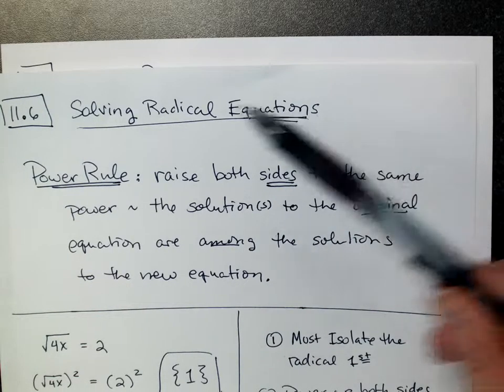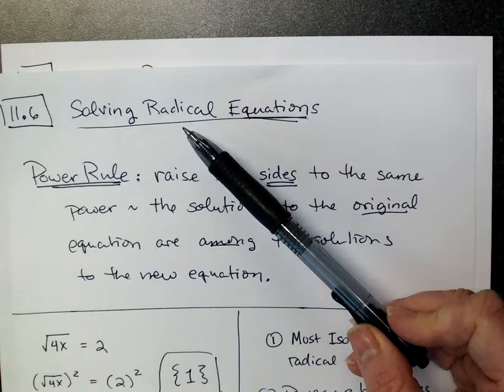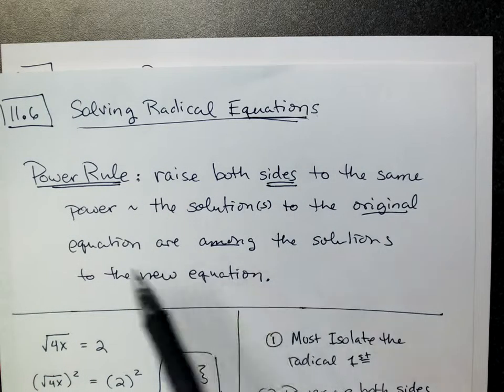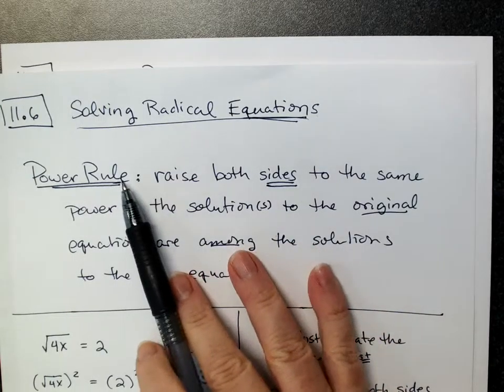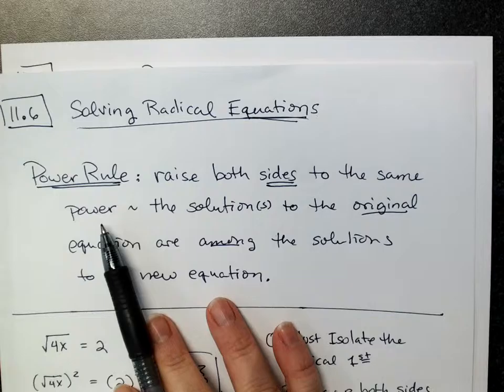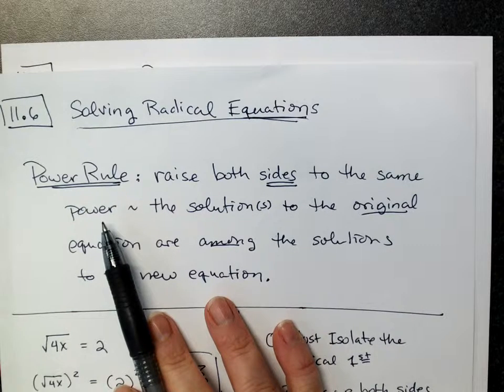With rational equations last unit, we transformed those by killing the denominators, multiplying every term by the LCD over 1. To transform a radical equation, we use the power rule, which says we raise both sides to the same power, and that power should be the same as the index, because a power cancels out an index: a square cancels out a square root, a cube cancels out a cube root, and so forth.